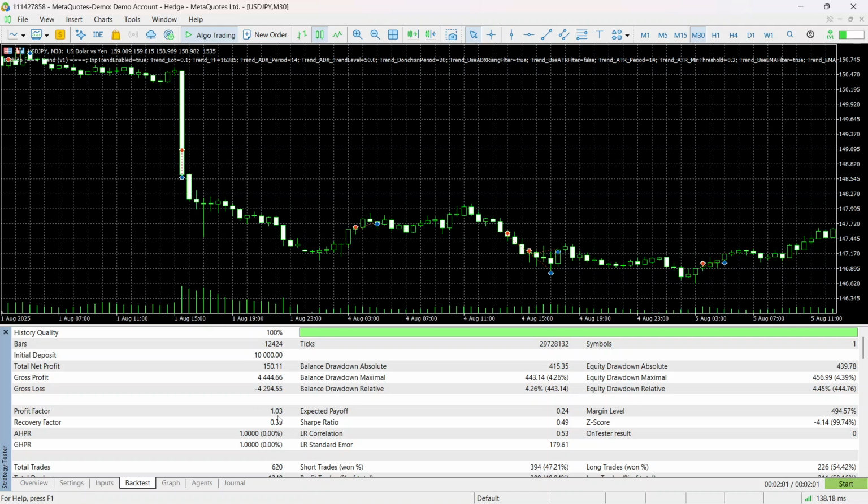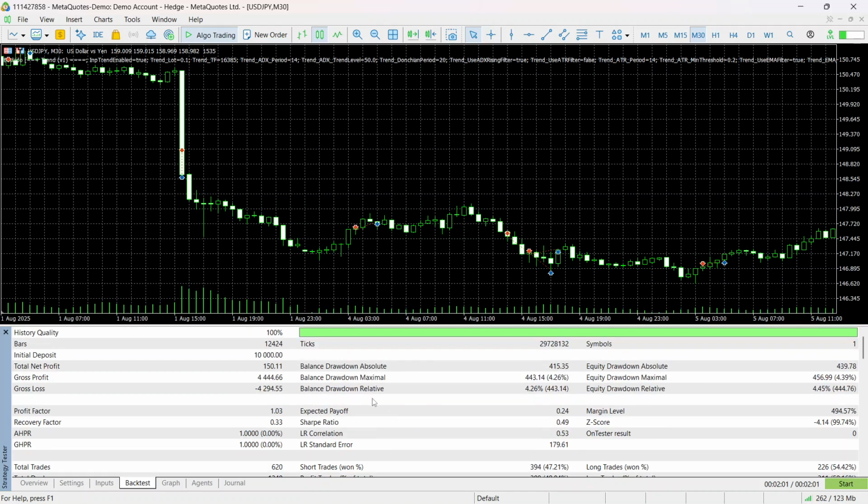Now, our profit factor came in at around 1.03. The recovery factor of 0.33, which matches the claim. Our drawdown for balance was at 4.26.